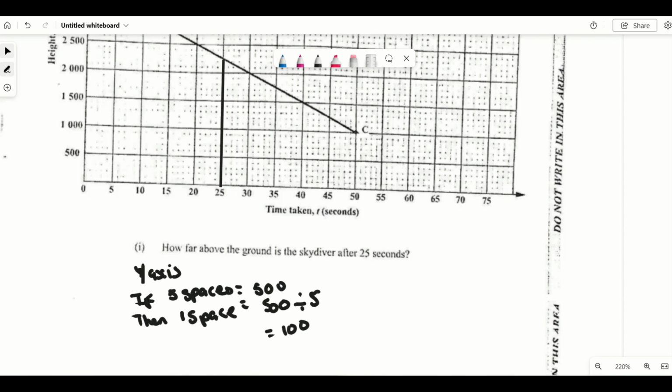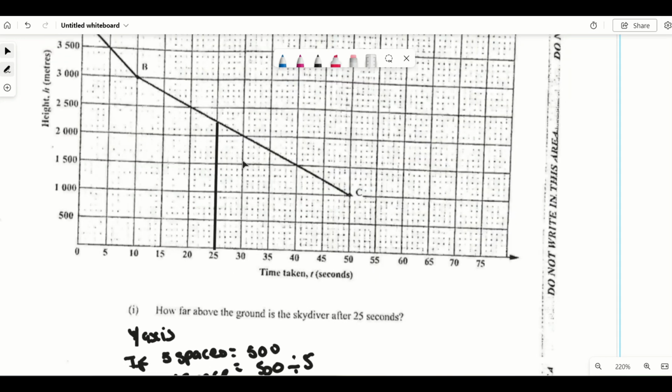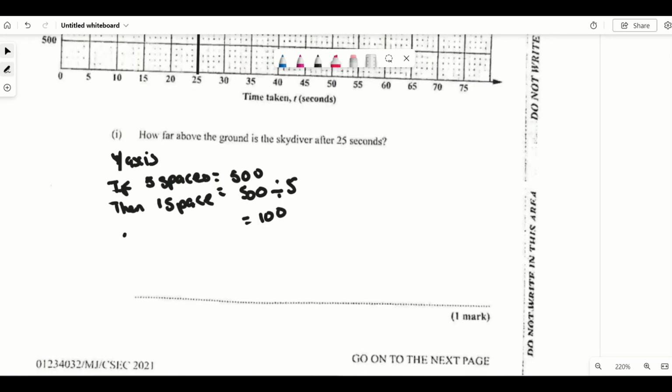And we want to find out, this point here is 22.5 spaces. So therefore, 22.5 spaces would be 100 multiplied by 22.5, which is 2,250 meters. And that is how far above the ground the skydiver was after 25 seconds.